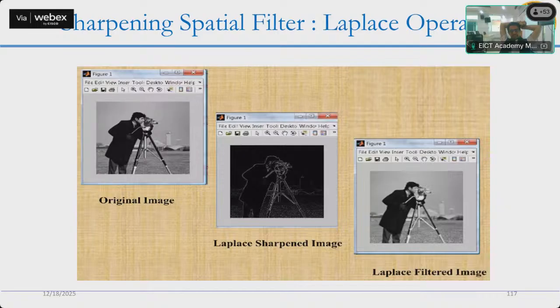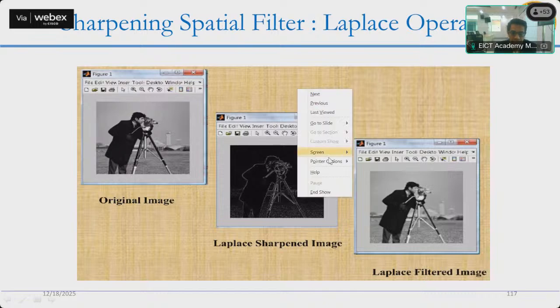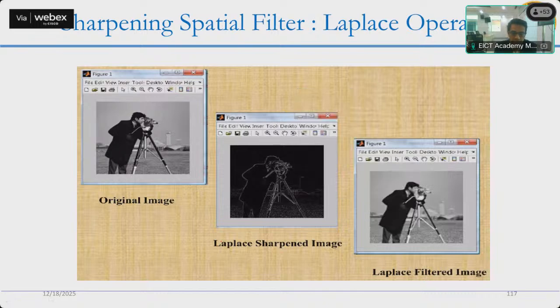Brighter, noise reduced? Yes, absolutely. What is happening is that wherever the edges are, they have been demarcated out in the sharpened image.